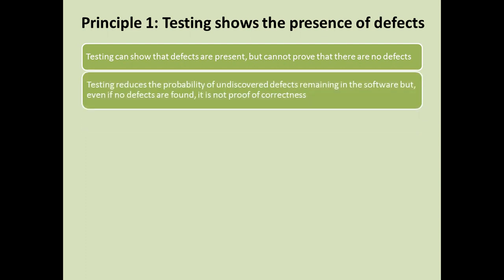Testing reduces the probability of undiscovered defects remaining in the software, but even if no defects are found, it is not a proof of correctness.